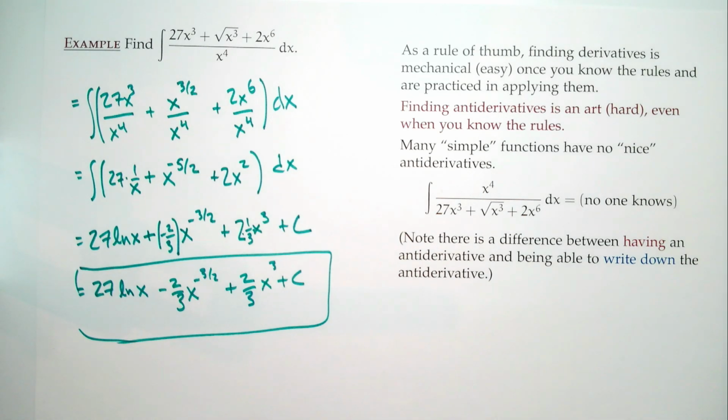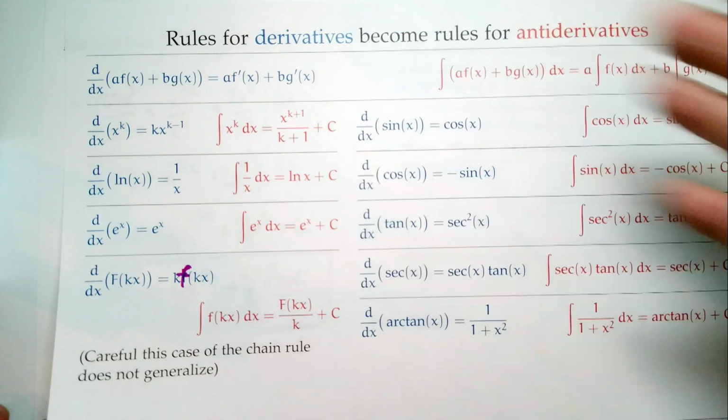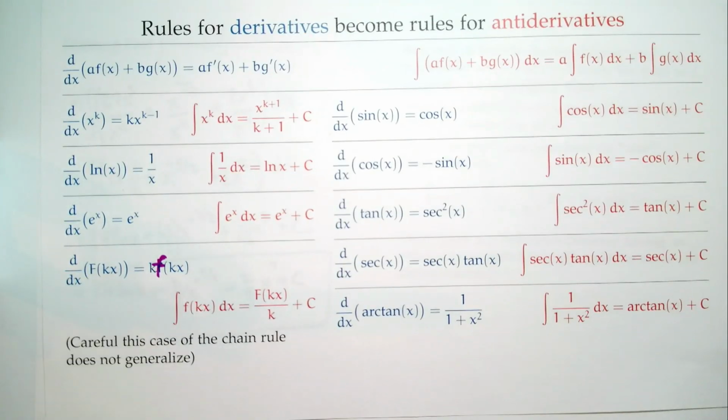Well, the answer is it's a lot of practice. But basically at the end of the day, and even after you go through Calc 2, what it's going to boil down to is that you have a collection of about a dozen rules, of which we've already talked about roughly 10 of them. So maybe there's 14 rules. And all you need to do is know how to use those rules.